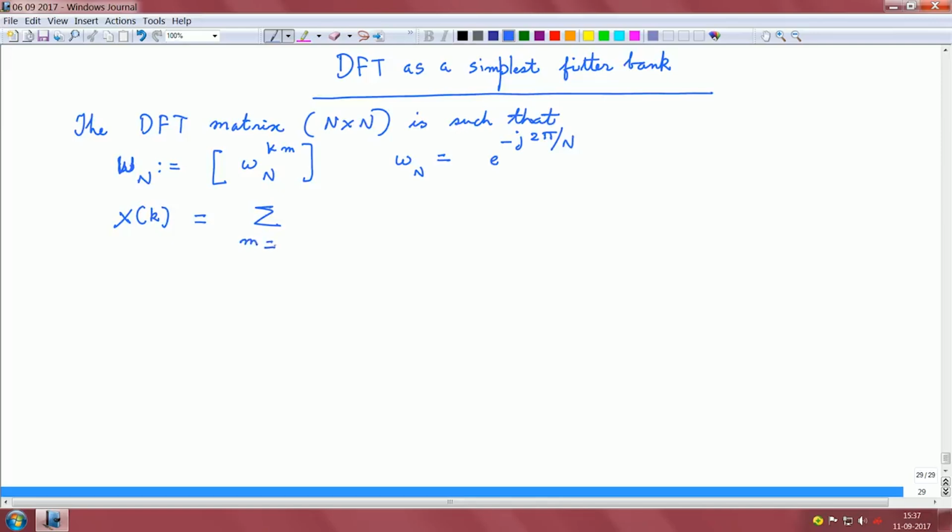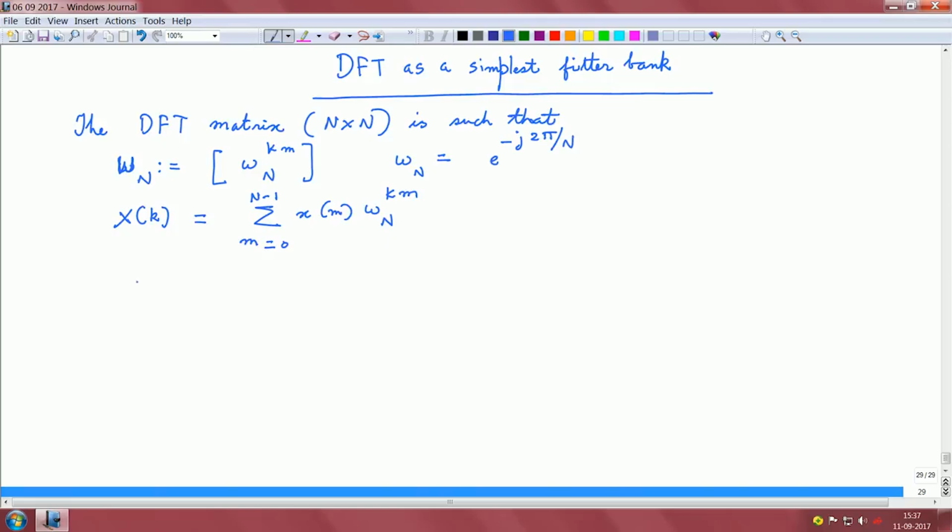X of k is basically summation m equals 0 to n minus 1 x of m omega n power km. This is a small omega power km, and the matrix comprises these elements, small omega n power km.